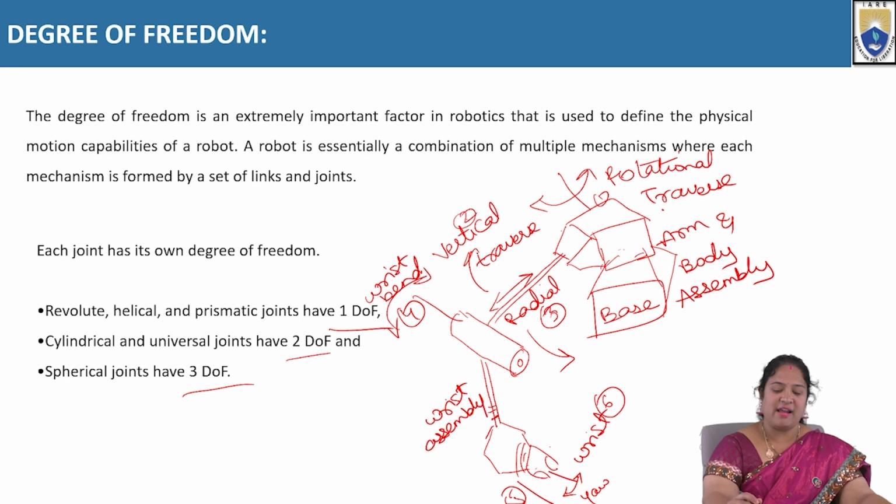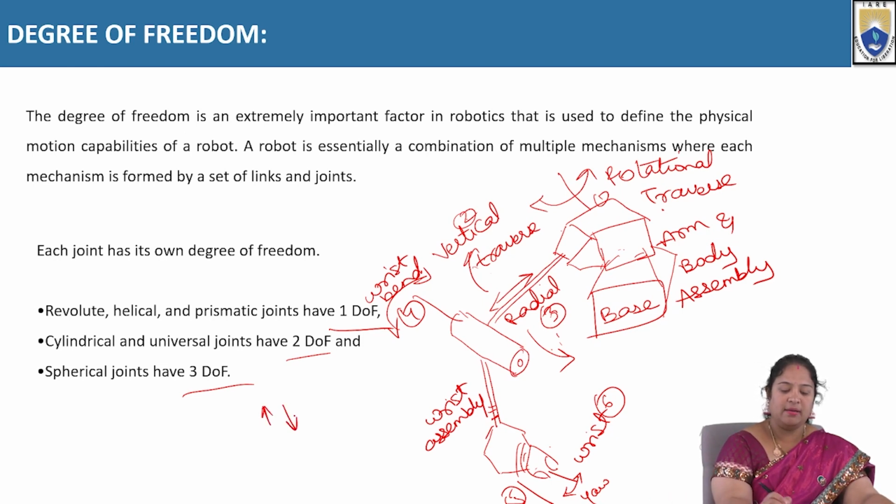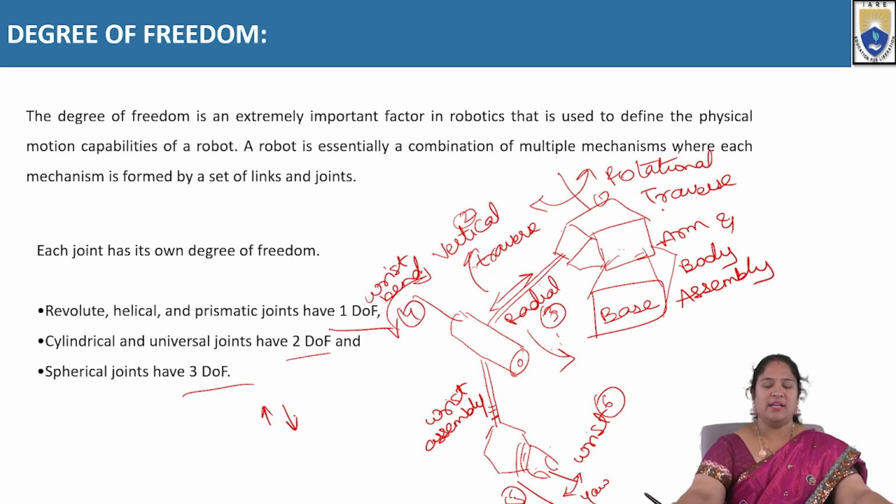Whereas the vertical traverse, this particular manipulator, whatever we are having, the vertical traverse is moving up and down, right? The vertical traverse is moving in the up and down direction, adjusting the manipulator depending upon the height of the object.